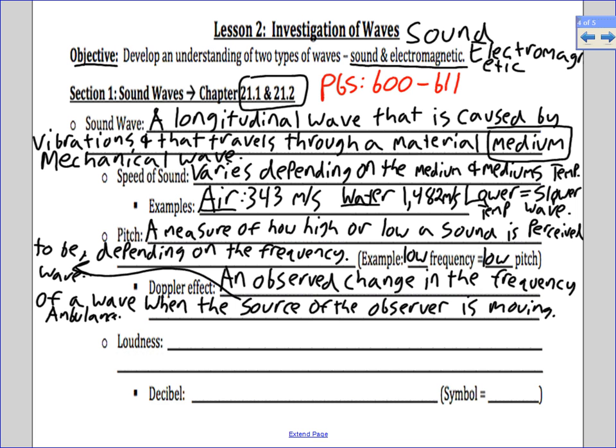Another example would be the blasting of a horn as the driver is going by. Okay? Now loudness is another thing we look at with sound waves. Loudness is the extent to which a sound can be heard.